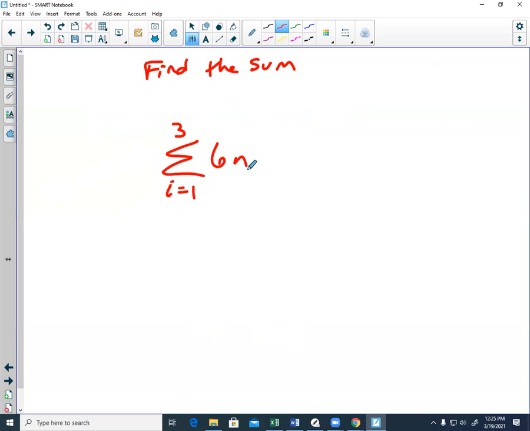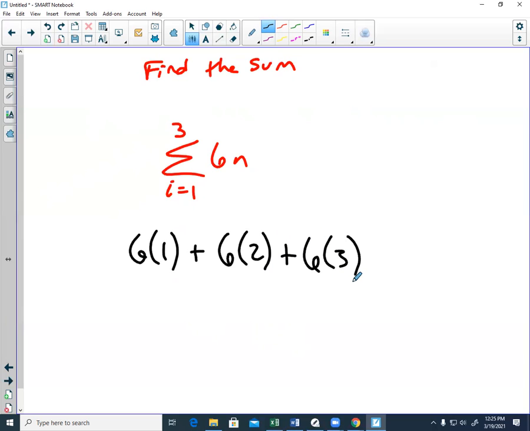So you plug in 1, and you plug in the next integer value until you get to the top number. So I'm gonna plug in 1, 2, and 3. So 6 times 1, added to 6 times 2, added to 6 times 3.